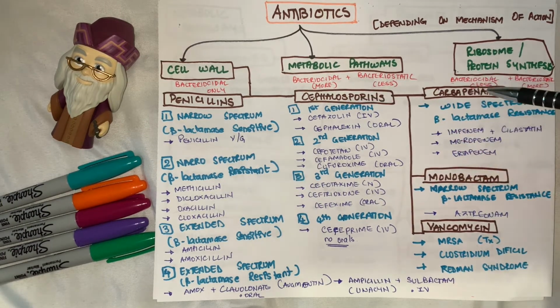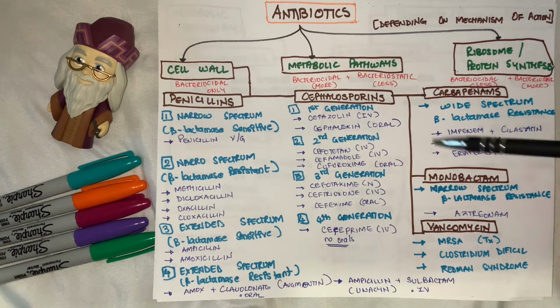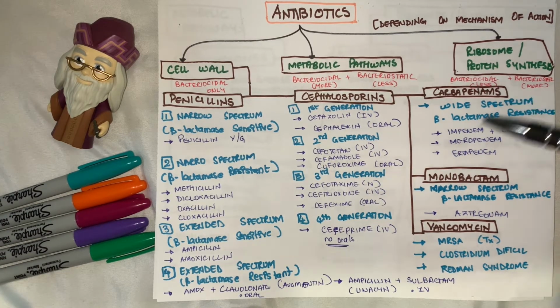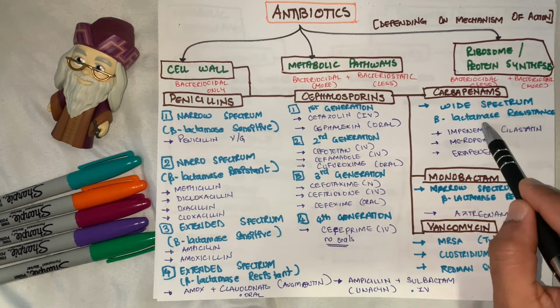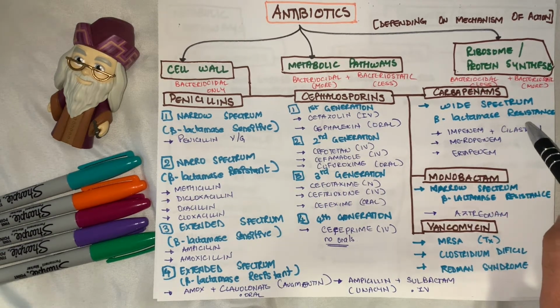Awesome. Cephalosporins are done. We're on to the next ones, which is carbapenems. Carbapenems are wide spectrum, beta-lactamase resistant. So, first shot, this group of drugs is like this drug right here. It is one of the strongest drugs under cell wall affecting drugs. Wide spectrum, beta-lactamase resistant.